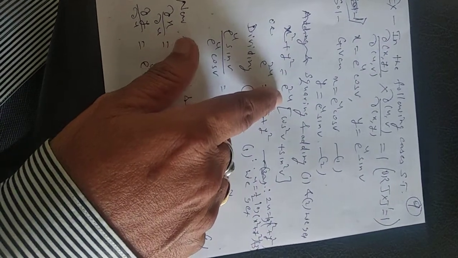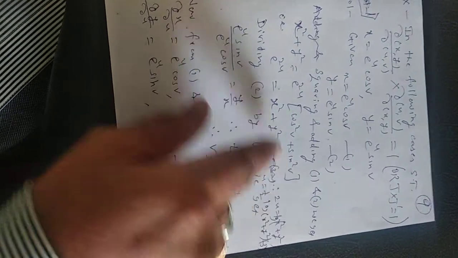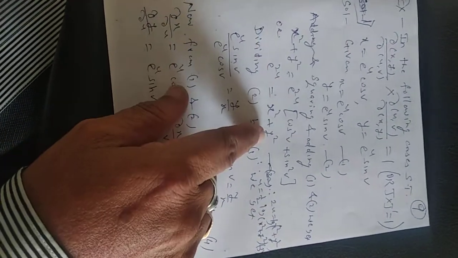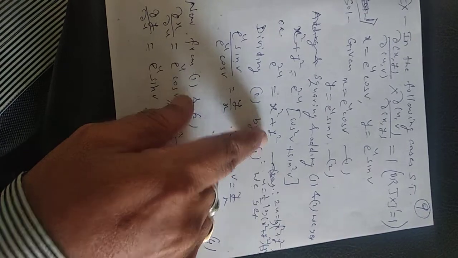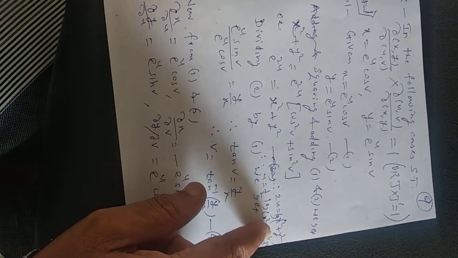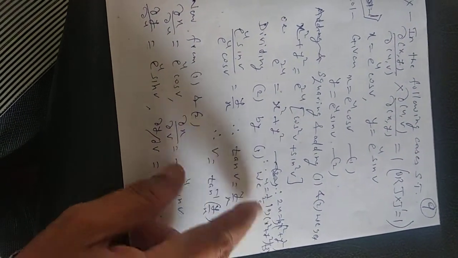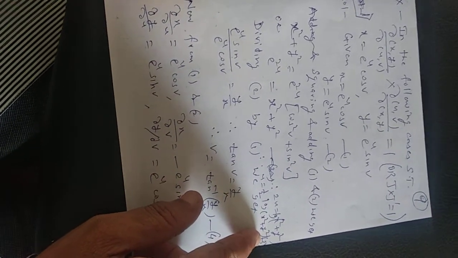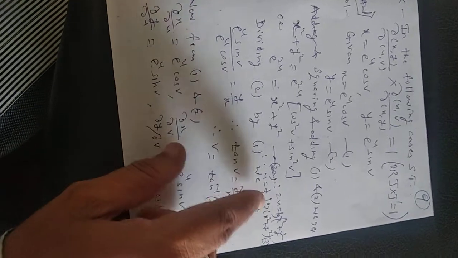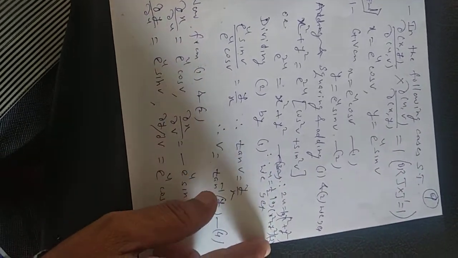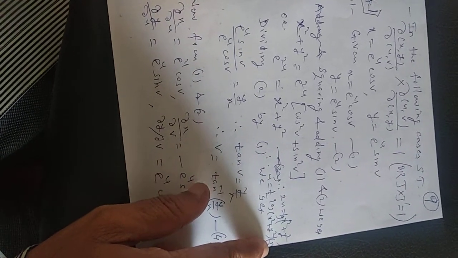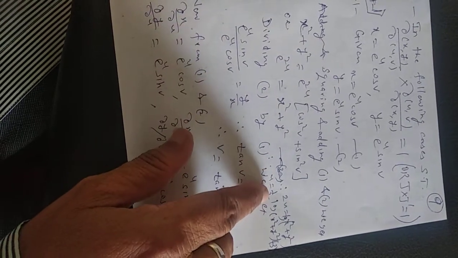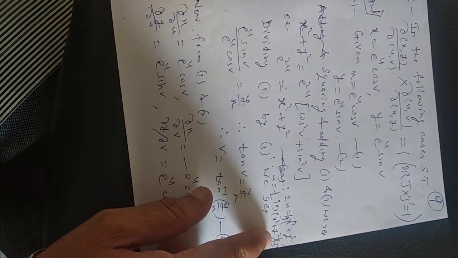So e^(2u) is common, cos² v + sin² v is 1, so e^(2u) is x² + y², or 2u is log of (x² + y²), or u is half log of (x² + y²). So u in terms of x and y is obtained like this. Give number 3, u equals half log of (x² + y²).